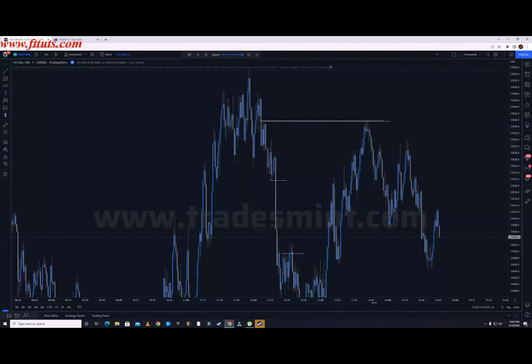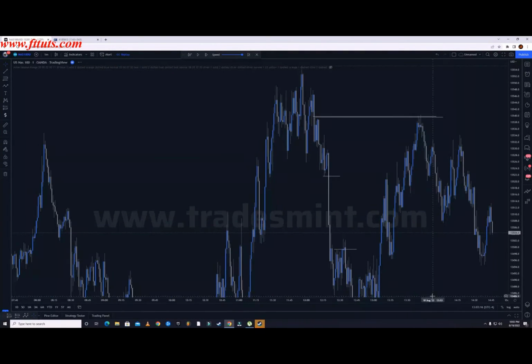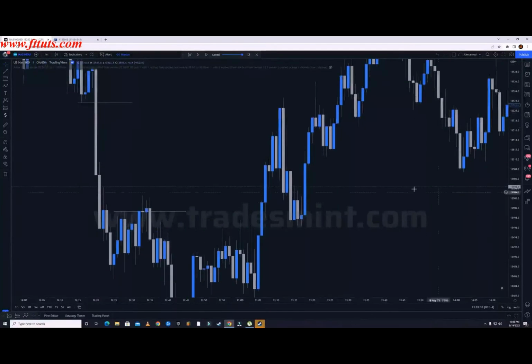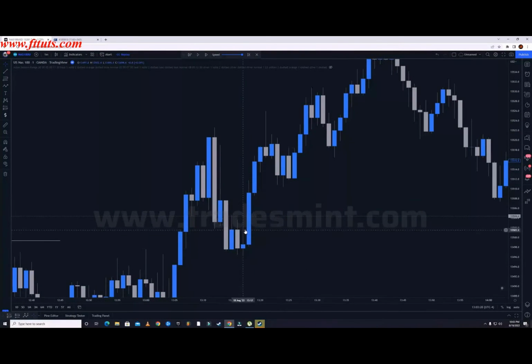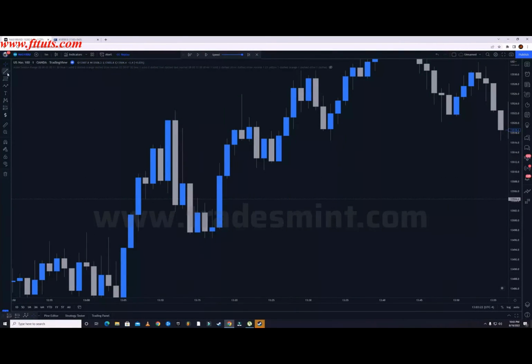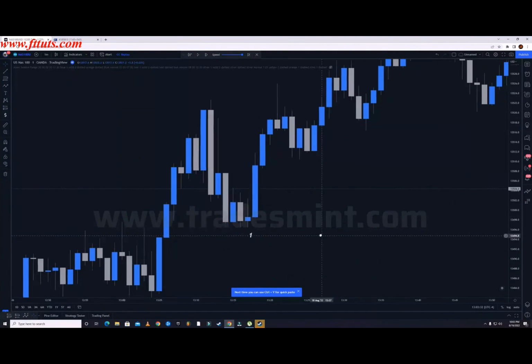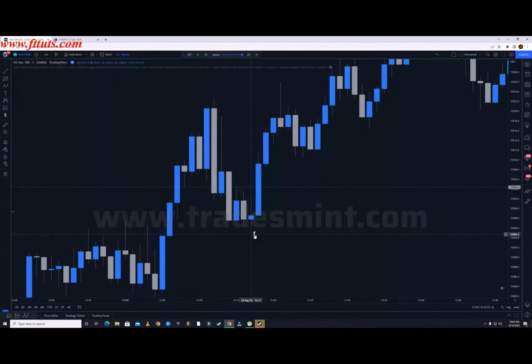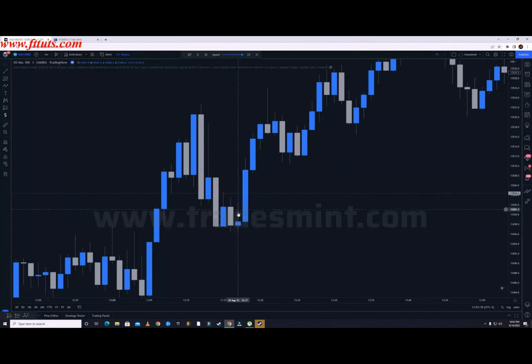Let me give you an example for a buy position. So we are looking at this. Let me label it so it's easier for you. We got the first candle around here. All right, so this is our first candle, this is second, and this is third.